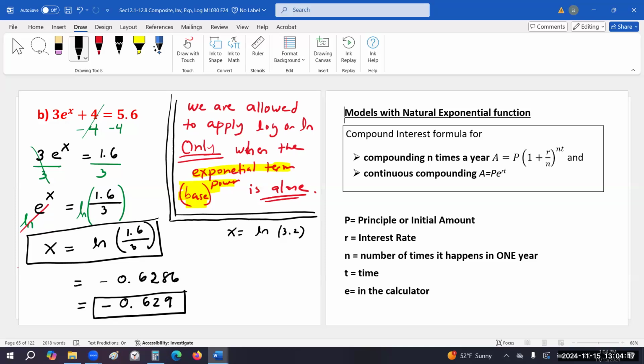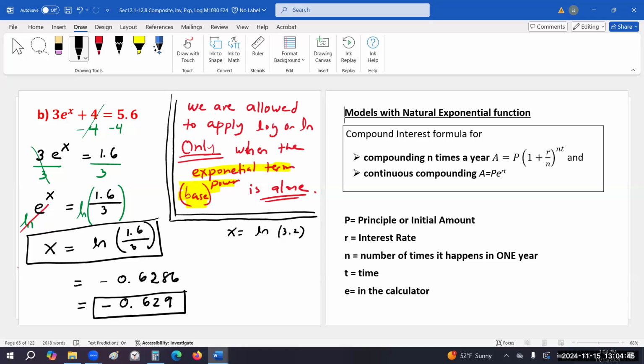On the power, we have N times T. This N and this N are the same, how many times you're doing it. And T means how long, it's time, for how many years you want to invest the money. So: final amount, initial amount, interest rate, how many times you're doing it in a year, and for how many years you're going to invest.